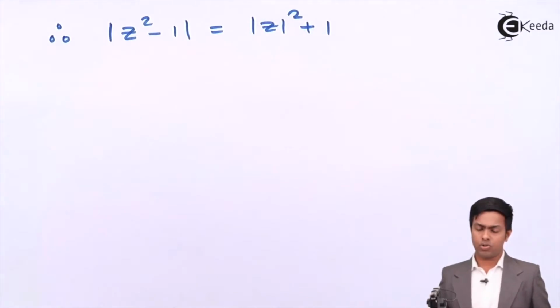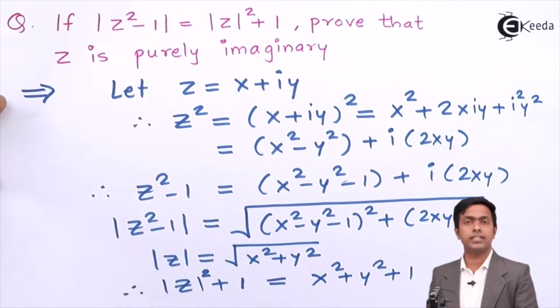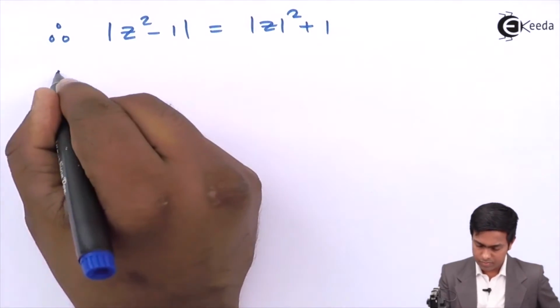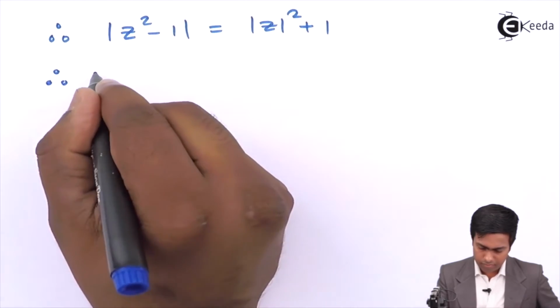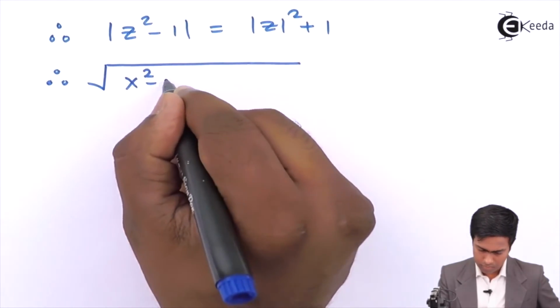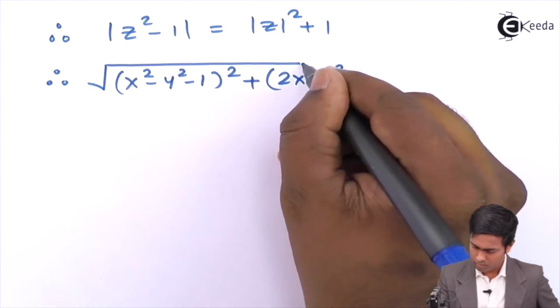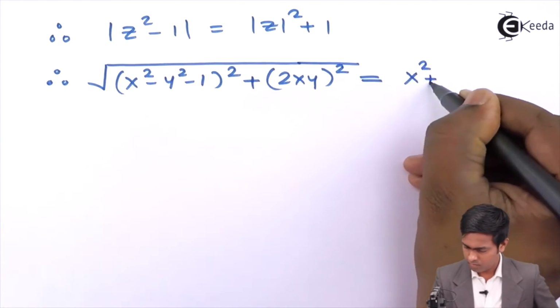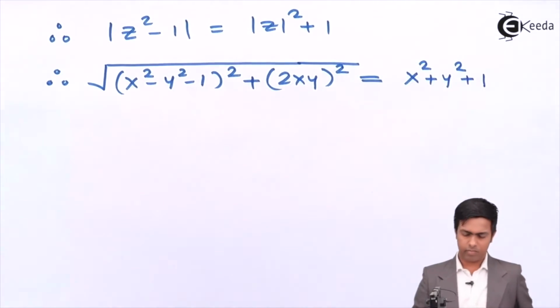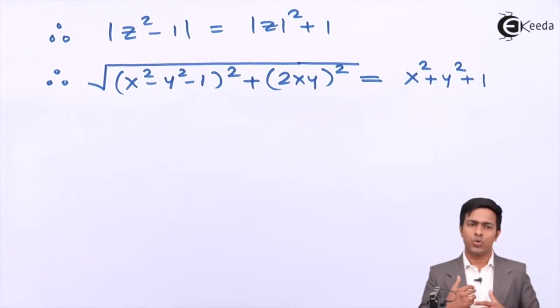I'm putting the values, so we get this value on the left hand side and this value on the right hand side. Now after substituting the values, we will solve these two sides to prove that z is purely imaginary.